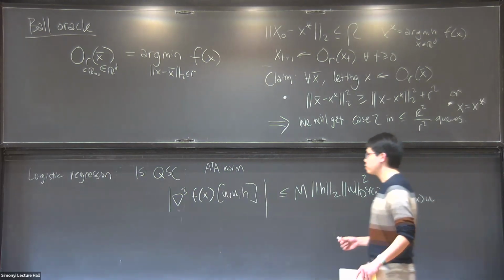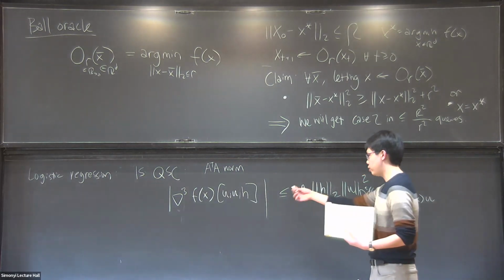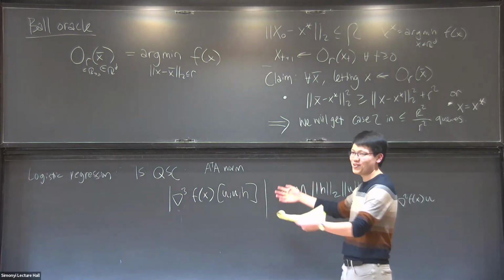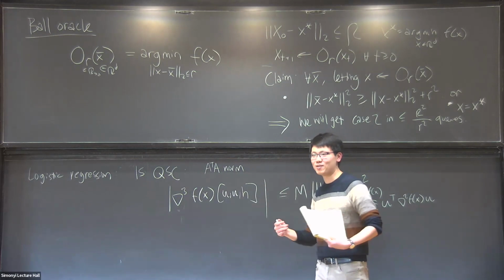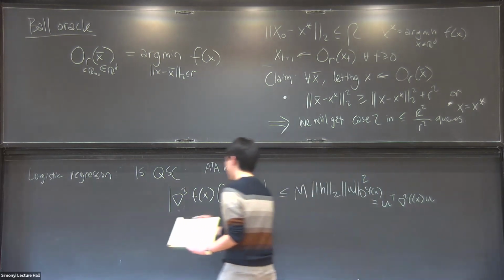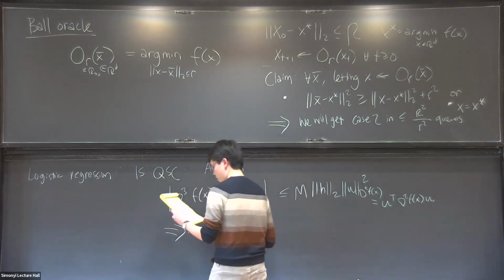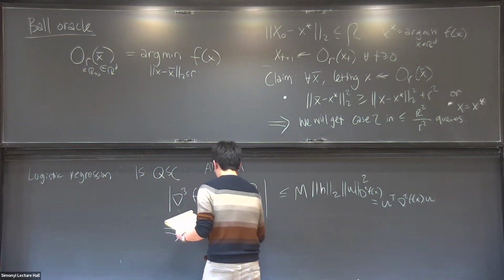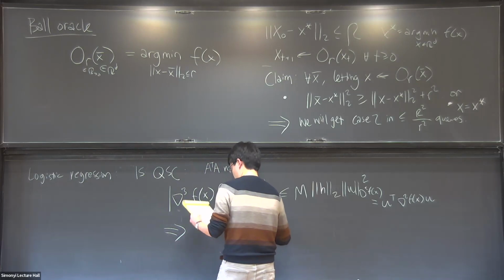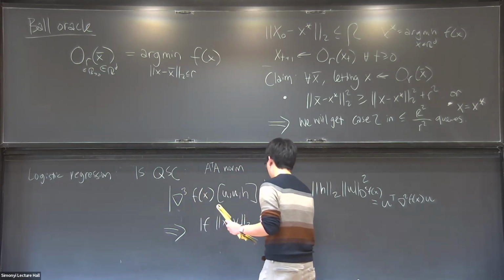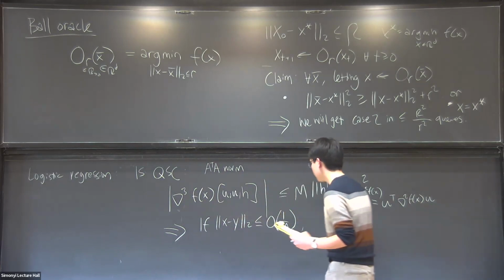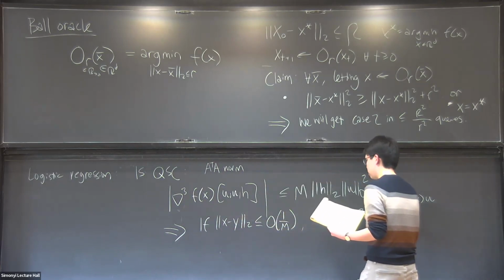Okay, so it turns out a natural consequence of this QSC condition is that the function f is stable in small balls. This implies that if x minus y is less than O of 1 over m, then the Hessian is, up to a constant, stable.